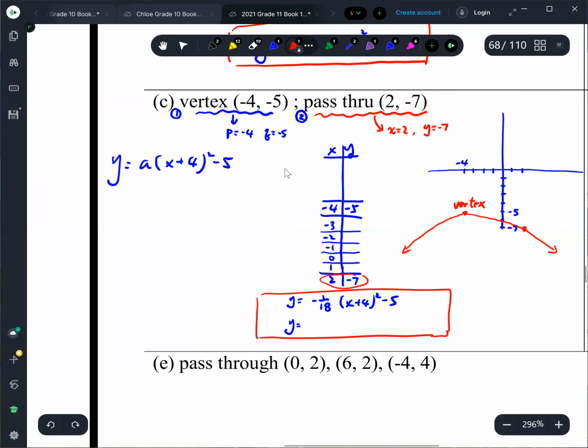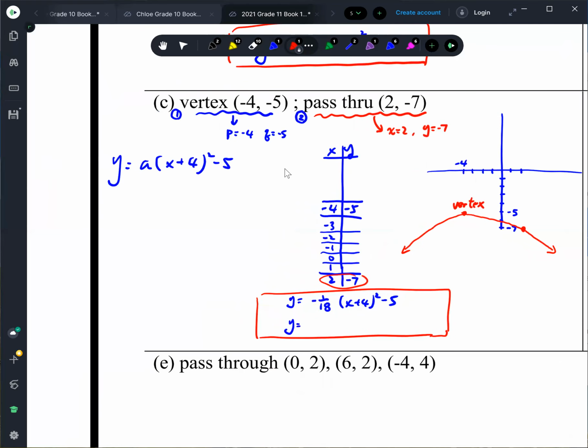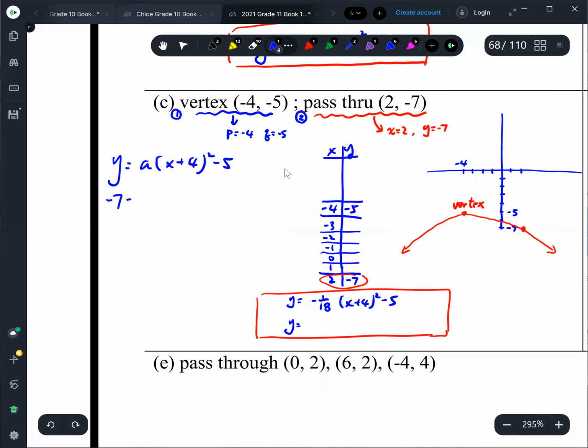So if you plug those two into the equation that we got so far, -7 is the y, A we don't know so we keep it as A, 2 is the x: -7 equals A times (2 plus 4) squared minus 5. So from there, you try to find A.